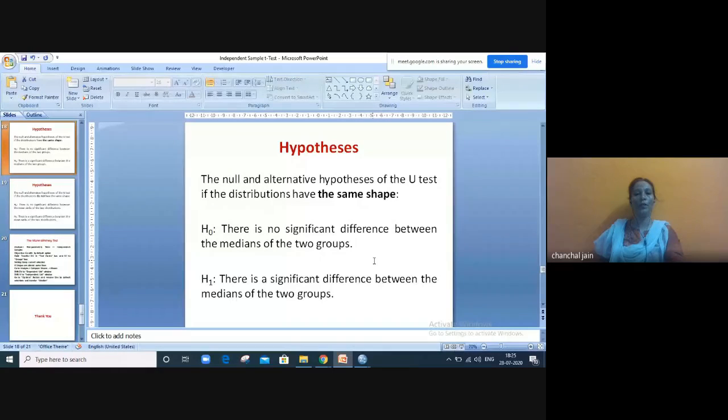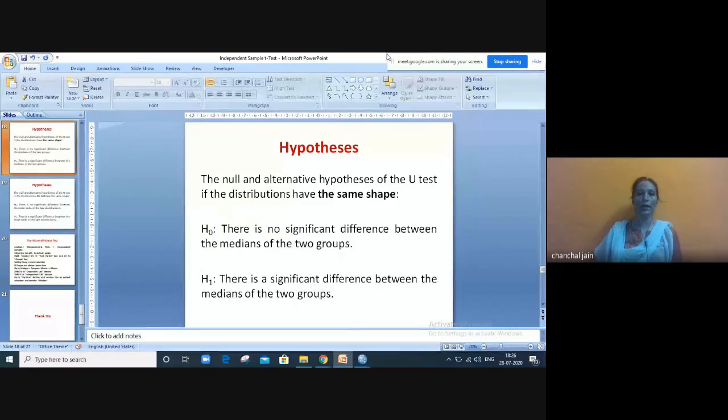Today we performed the independent sample t-test as well as the Mann-Whitney U test. Both results show the same thing: in both cases your null hypothesis is rejected. Whether you apply the parametric test or the Mann-Whitney U test, the null hypothesis is rejected, and alternatively we can say there is a significant difference between the median salary of both groups.